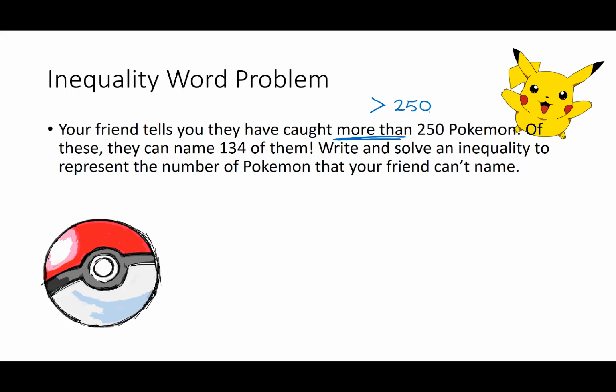Now we don't know how many they can't name. We do know they can name 134. So we take the amount that they cannot name, which we don't know, add to that the 134 that they can name, and they've caught more than 250.